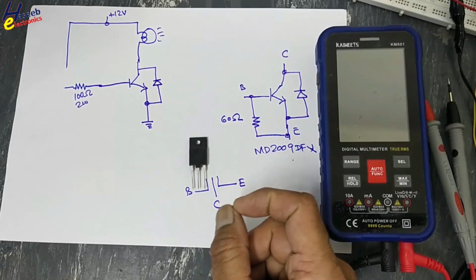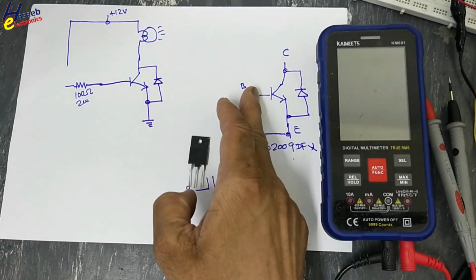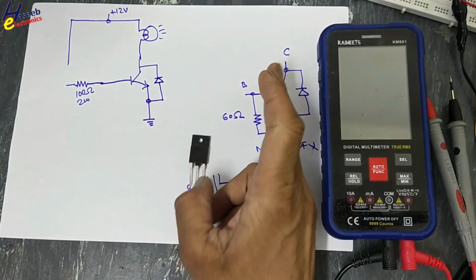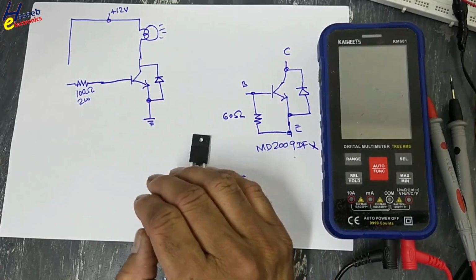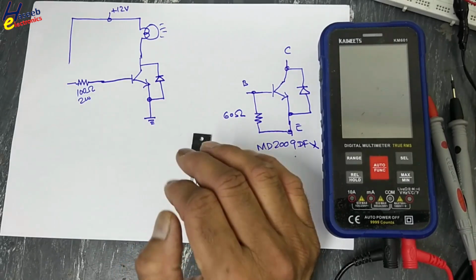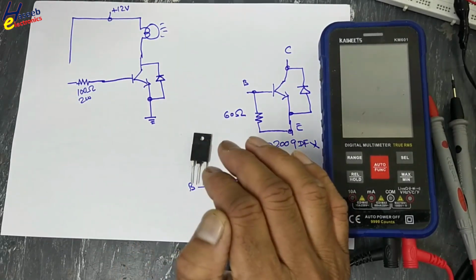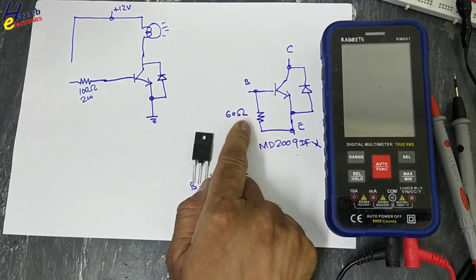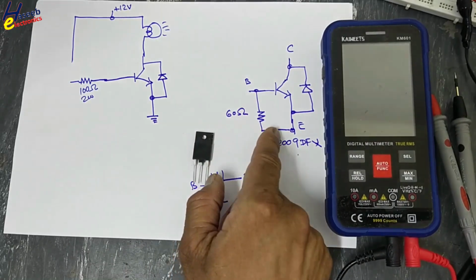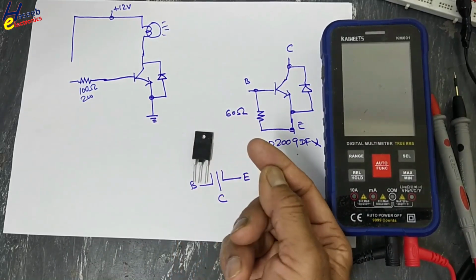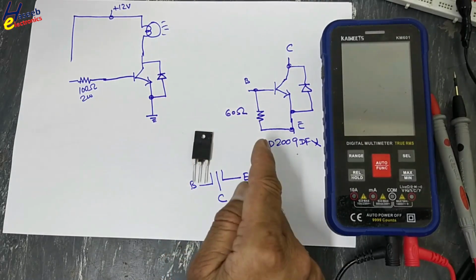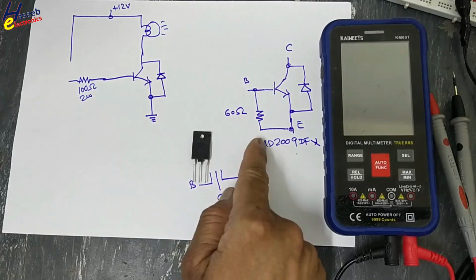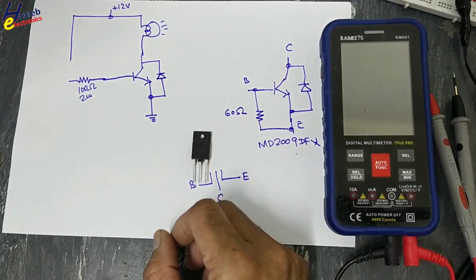Basically it is an NPN transistor, 7 ampere base current, 10 ampere collector current. So its gain is very low and it is used for staircase switching to make a ramp and fast cutoff. That is the reason it is using a 60 ohm resistor at the base side. Some transistors are connected with an external resistor, but this transistor is using a built-in resistor for best results.